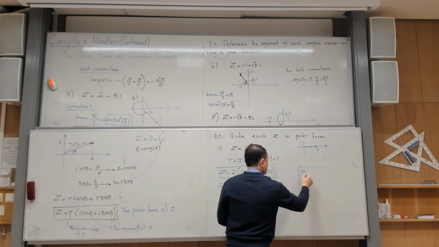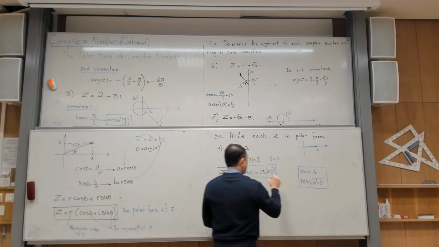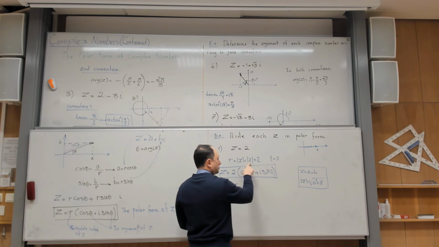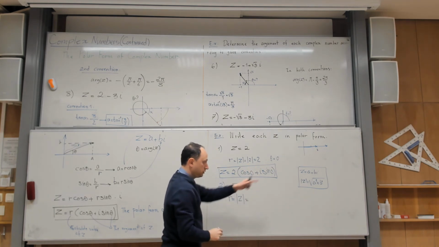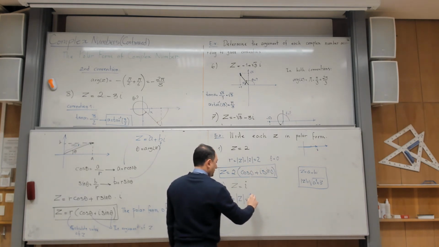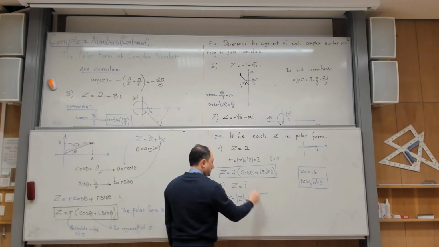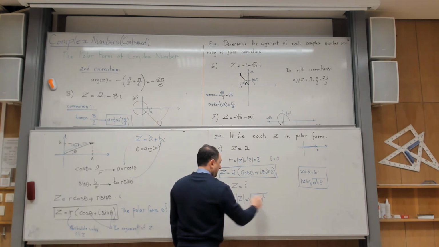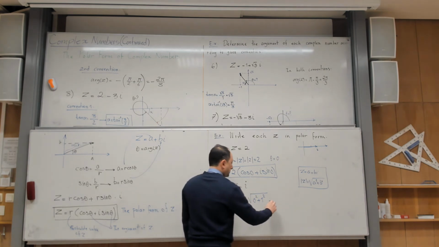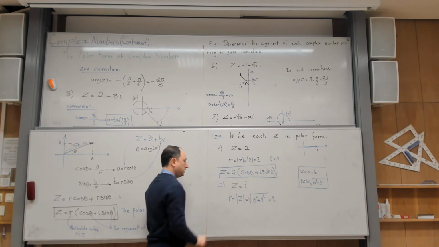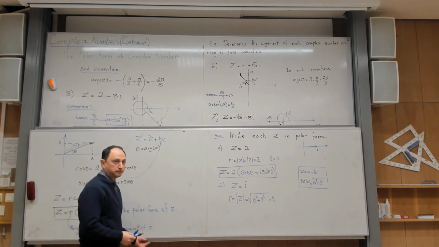If I have z equals a plus bi, the absolute value of z is the square root of a squared plus b squared, all the time. But it was so simple I didn't use the formula in the previous case. For this one you have to use the formula. So this becomes the square root of the real part, but there are no real parts here, and then you have the imaginary part to power 2, which becomes 1. So the absolute value of this complex number is 1.